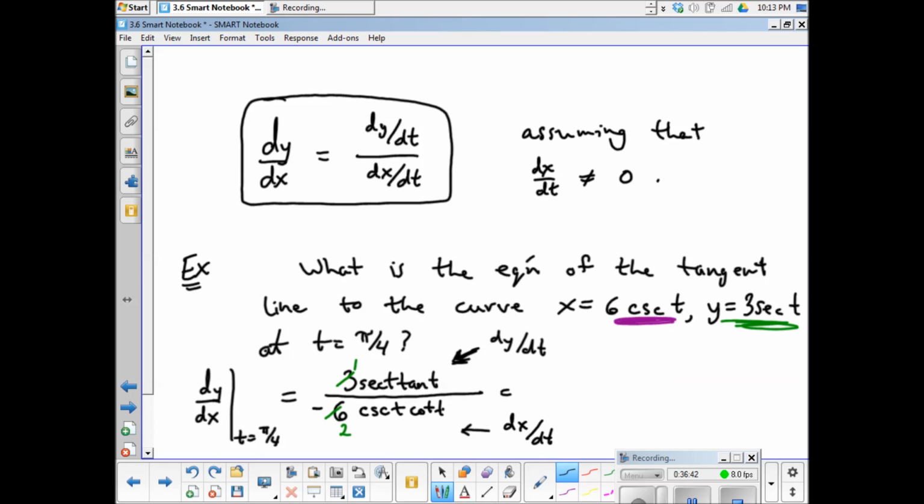So here it goes. It's secant pi over 4 times tangent pi over 4, all over negative 2 times cosecant pi over 4 times cotangent pi over 4.